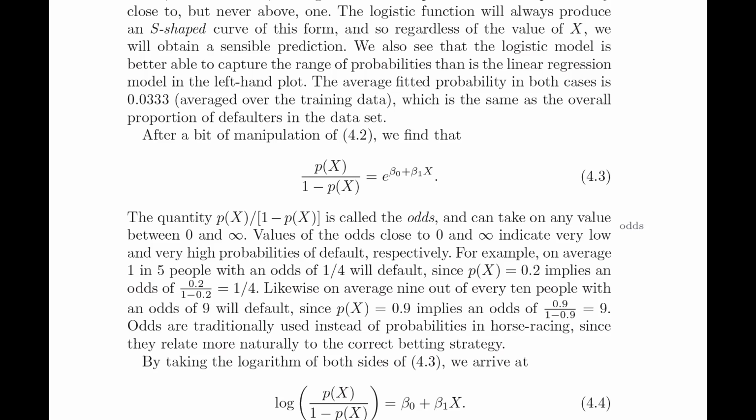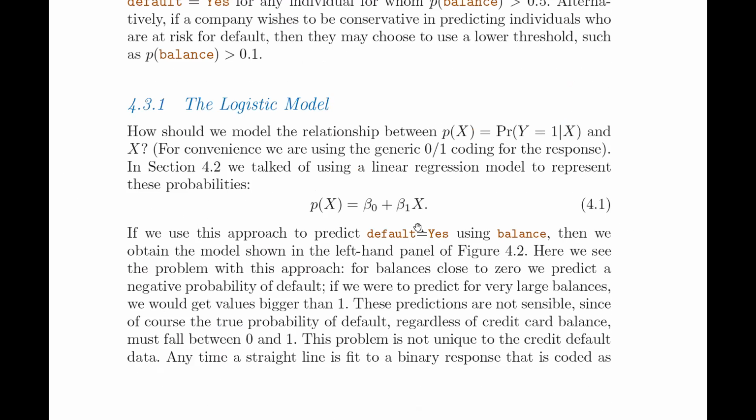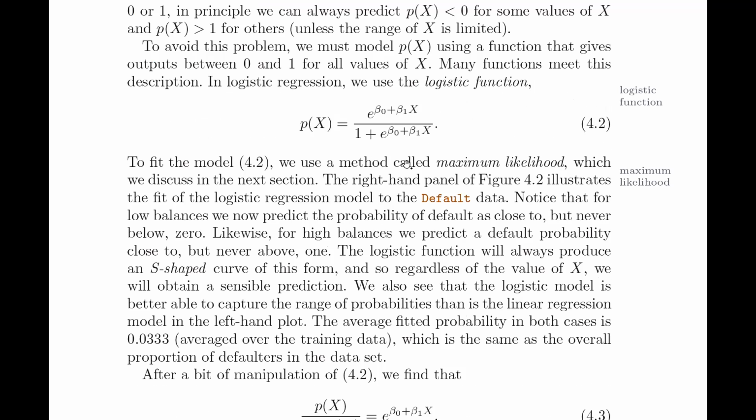After a bit of manipulation of 4.2, we find this. So if you take this equation, should I call it an equation? It's more like an identity, right? It's for every value of x.